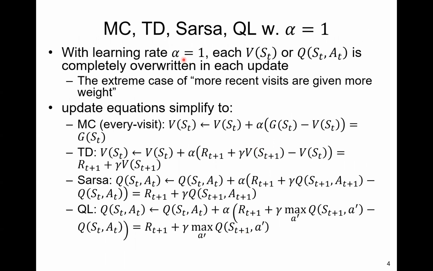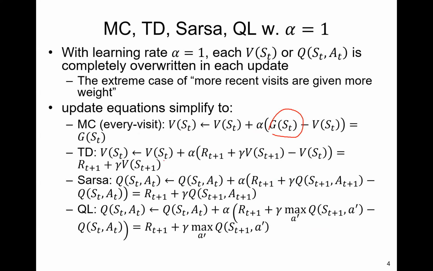As a special case, if you have learning rate alpha equal to 1, then each update overrides the previous value in V or Q completely in every update. It's the extreme case of more recent visits being given more weight. In fact, they're given 100% weight. So the update equations with alpha equal to 1 simplify to this. You simply update V with the return.